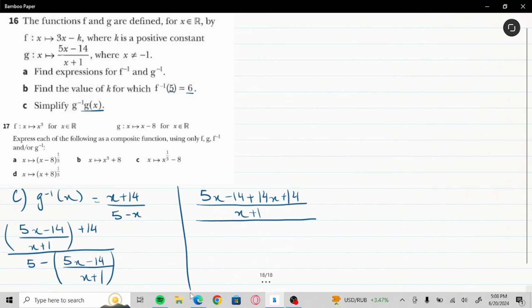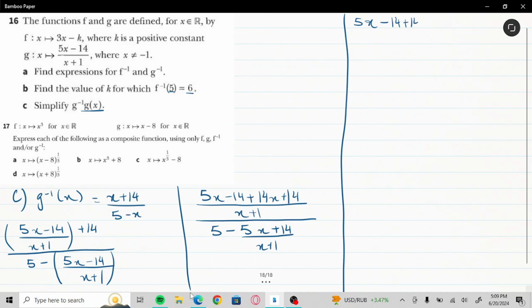Again, divide here, and 5 minus, first of all, open the bracket, 5 minus 5x minus 14 divided by x plus 1. Again, take the LCM here. Make a line. 5 minus, 5x minus 14 plus 14x plus 14, again divided by x plus 1, divided by 5 multiplied by x plus 1 becomes 5x plus 5 minus 5x plus 14 divided by x plus 1.